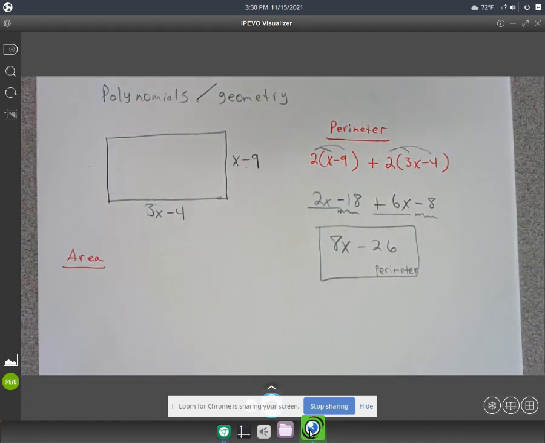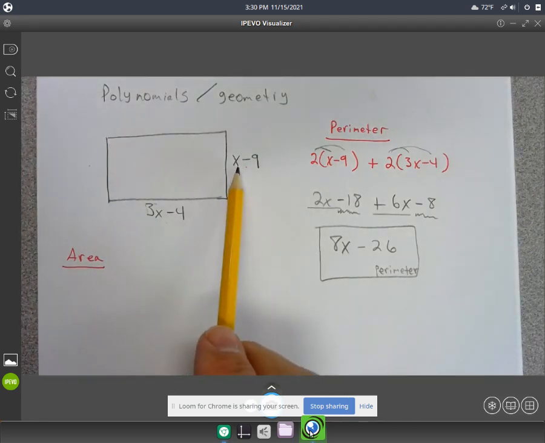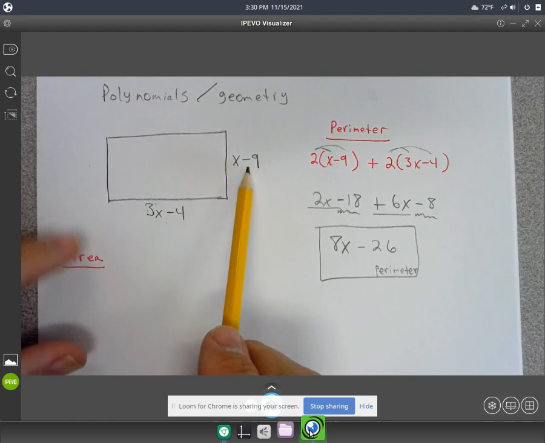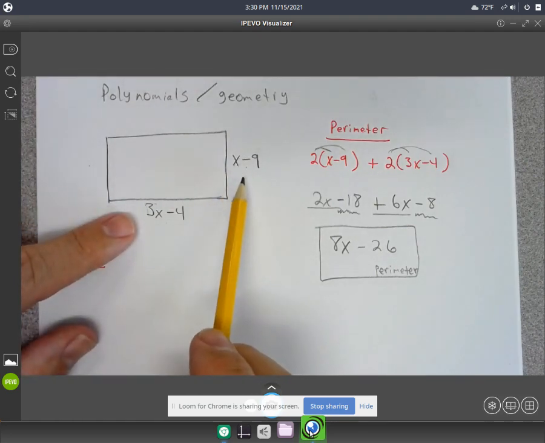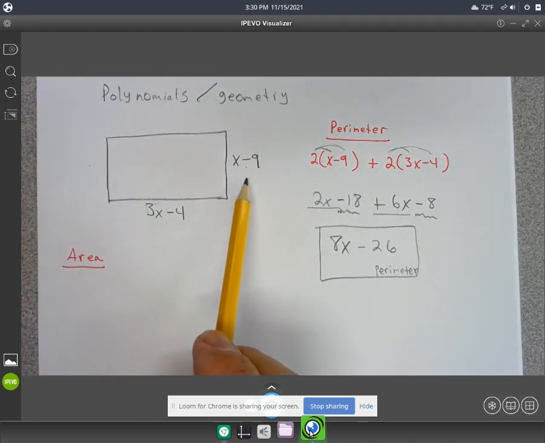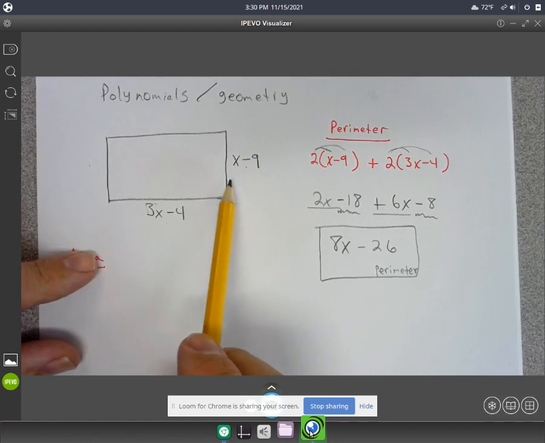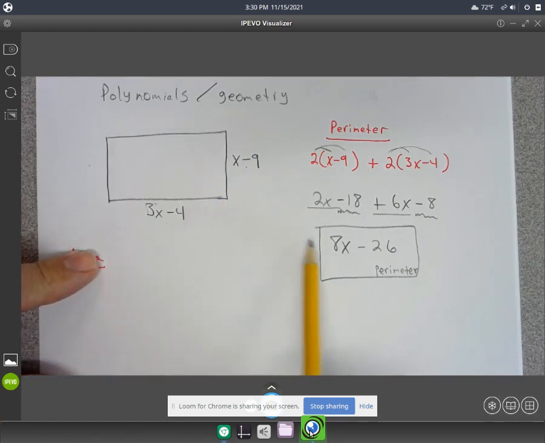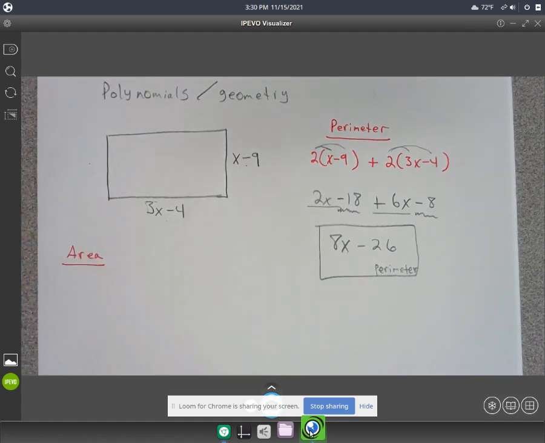Depending on what value we choose for x, like if x is equal to 20, that will be a different problem than if x were equal to 40, right? But if I want to know just the perimeter, I can just plug in 20 for x or plug in 40 for x.